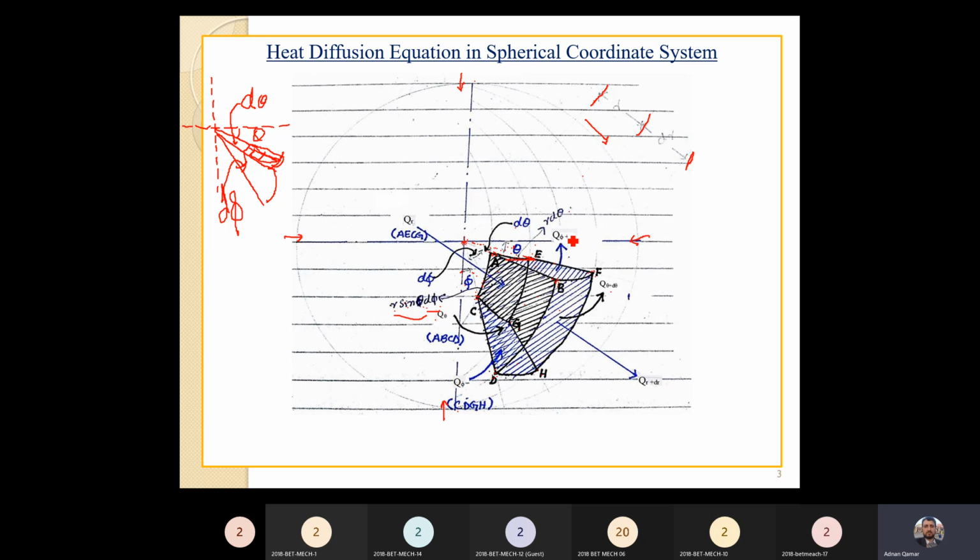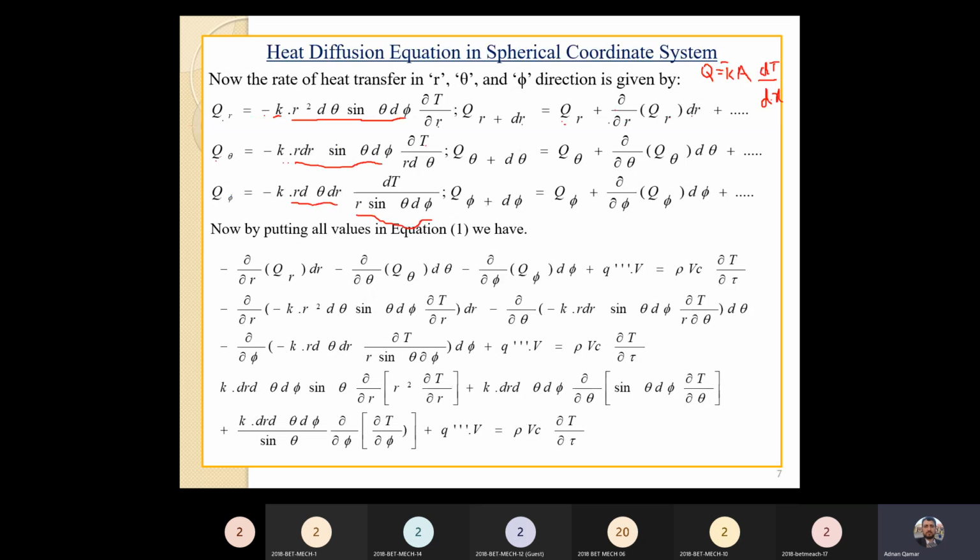So you have r d theta dr dt over r sine theta d phi, and q phi plus d phi is equal to q phi plus partial over partial phi q phi, and so on, in the same manner.